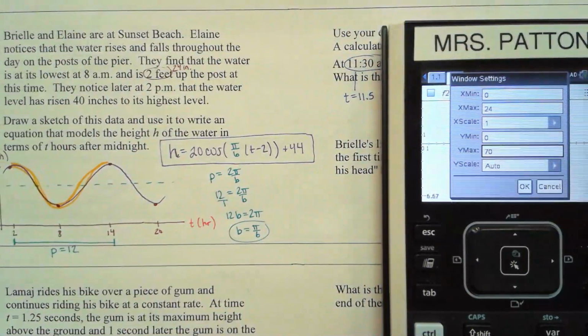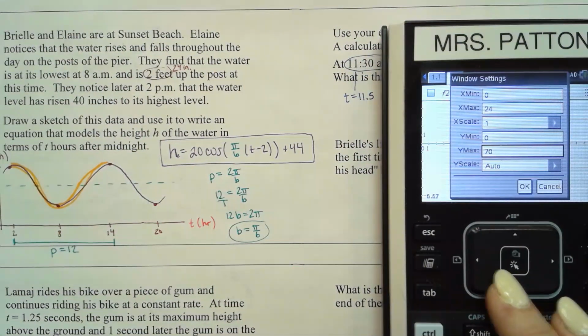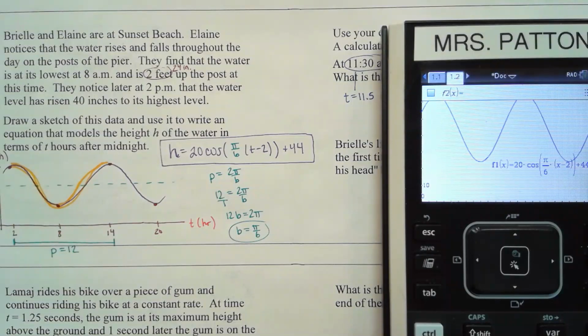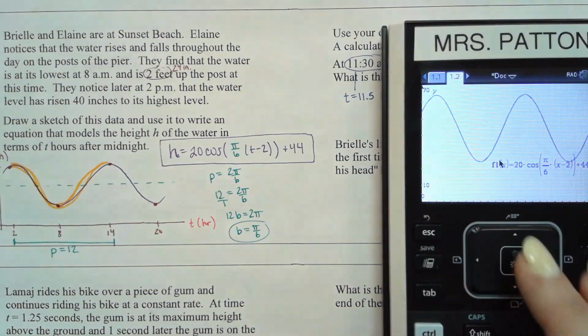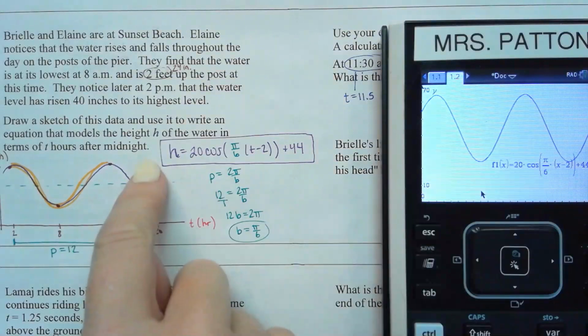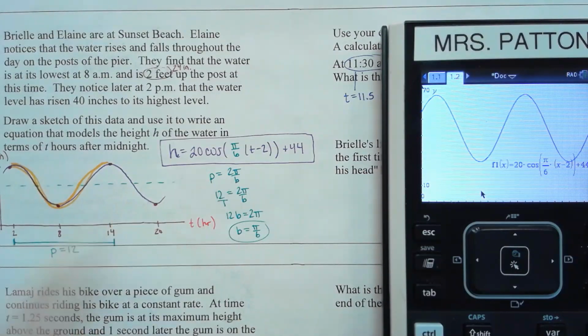I don't know, maybe I go to 65 or 70. And if I'm going to go up that high, I should probably not have a tick mark every 1 unit. Okay. So this graph should be very similar to this graph, right? Because we changed the window to match.